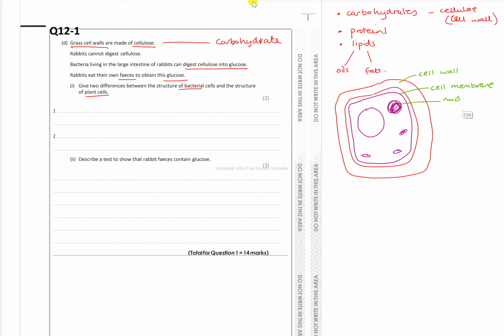Nucleus. You've got a, okay, I was going to put permanent vacuole. You've got cytoplasm.